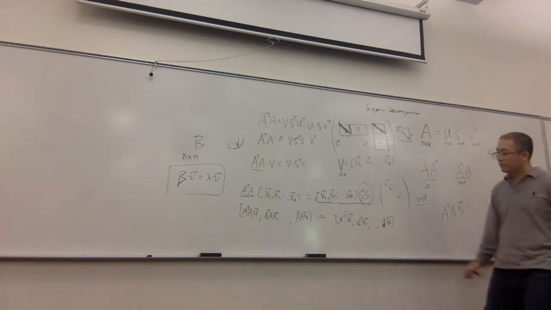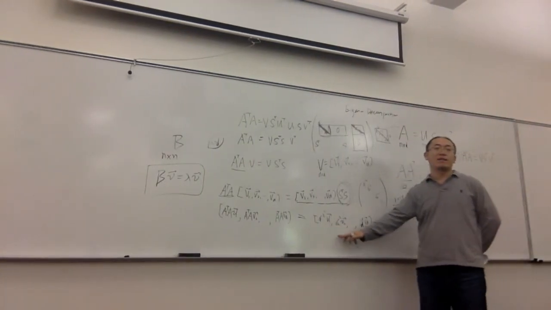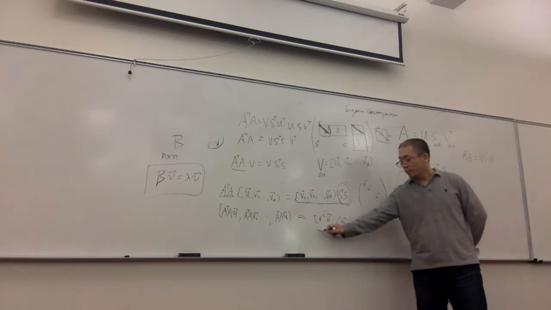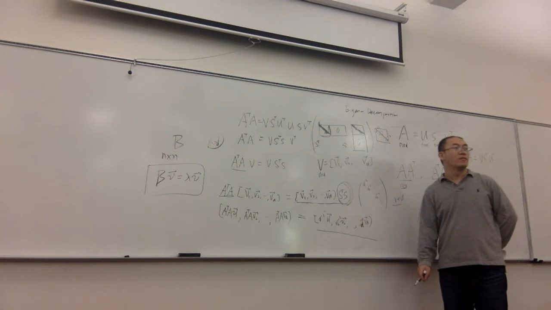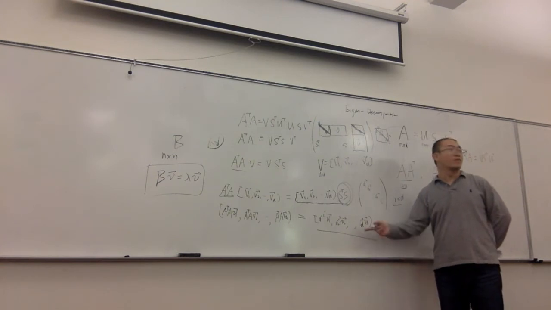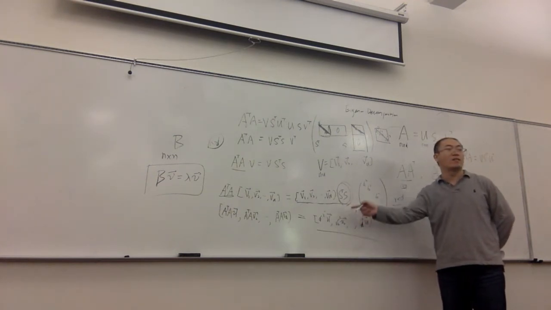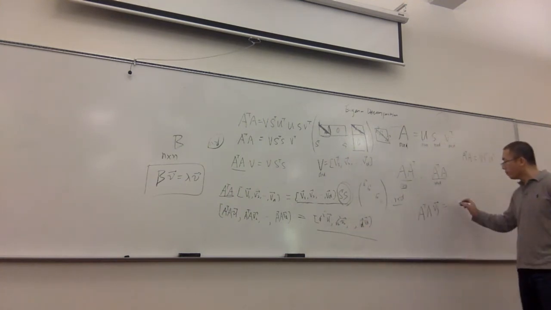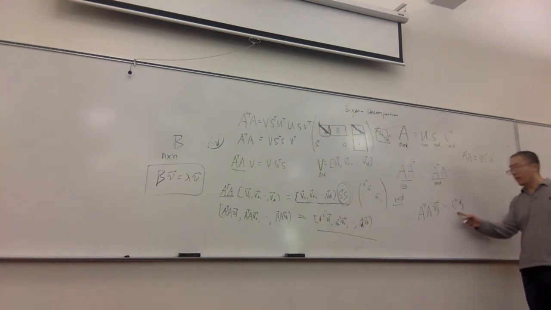And what about the jth column on the right-hand side? Sigma j squared times Vj. Yes. We just derived the column-wise result. So in the right-hand side matrix, the jth column is simply sigma j squared Vj, that is the square of the jth singular value of A times the jth right singular vector.